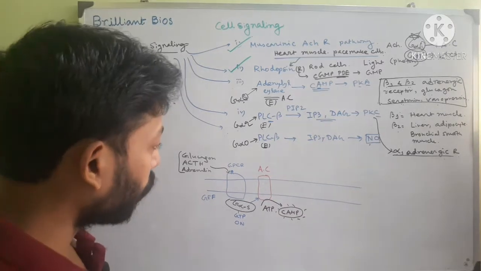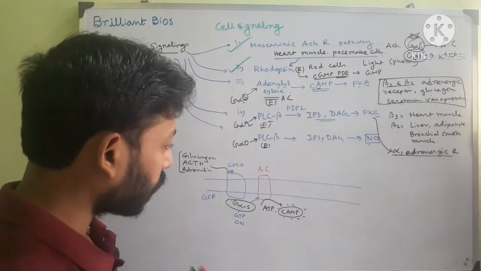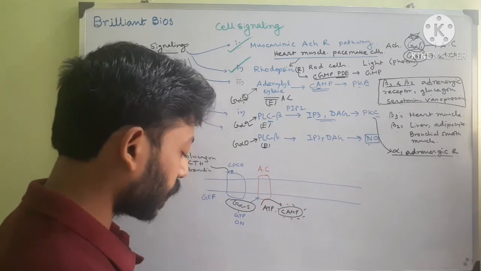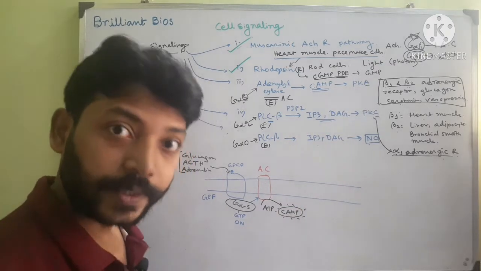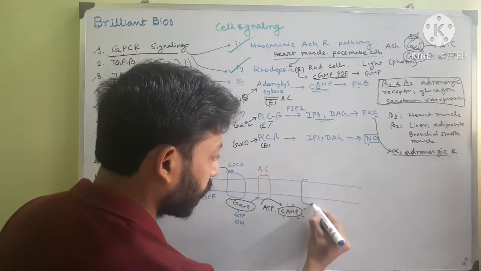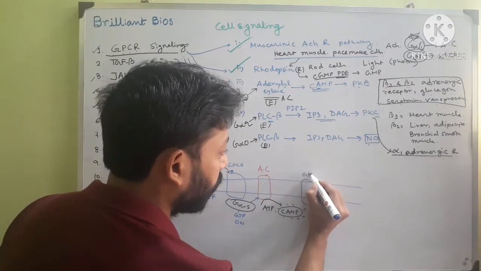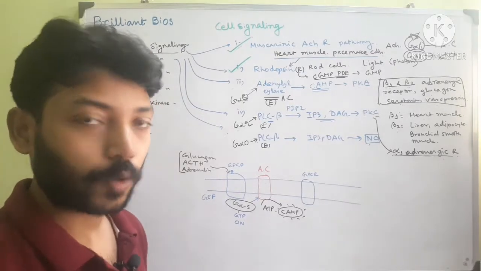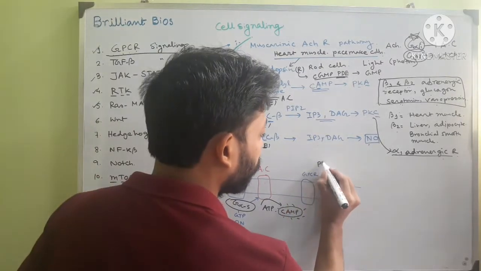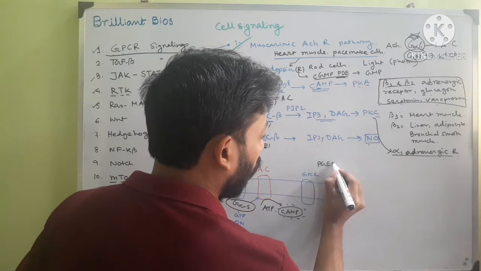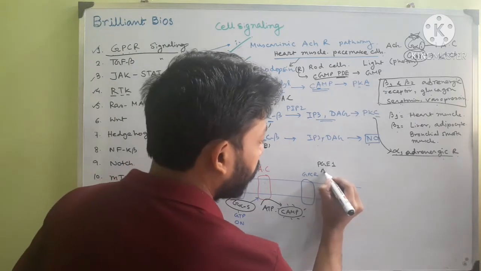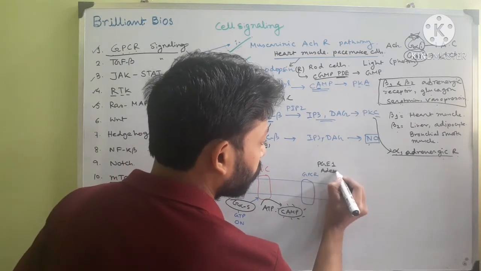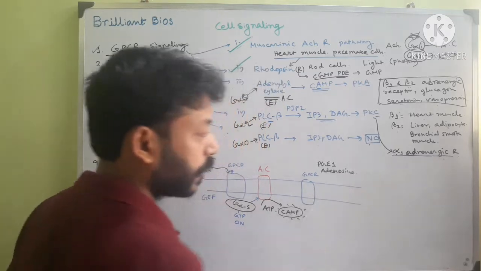Another thing I want to mention here is that there are some other G-protein coupled receptors in the same cell that can receive signals from different hormones like prostaglandin E1 and adenosine. Adenosine is an inhibitory molecule.